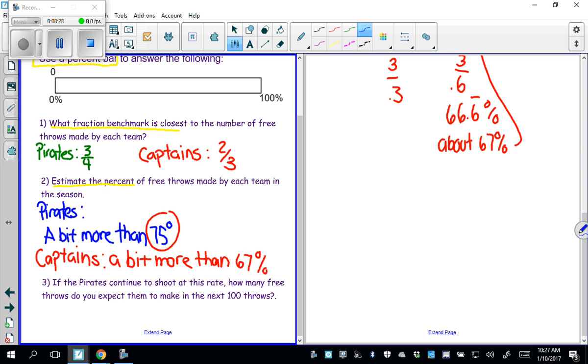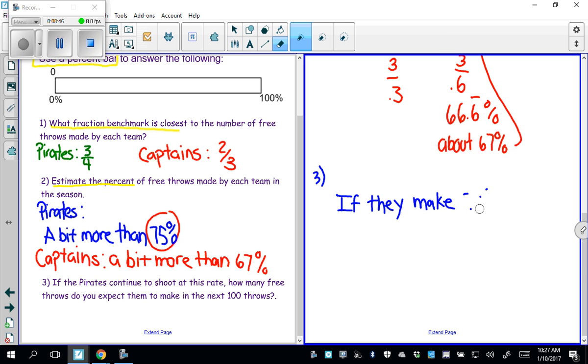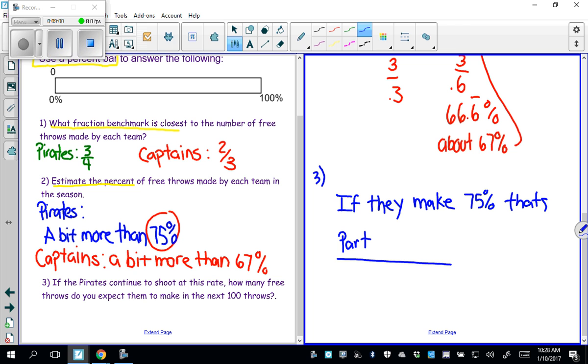For number 3, if they make 75%, that's the same as 75 out of 100.